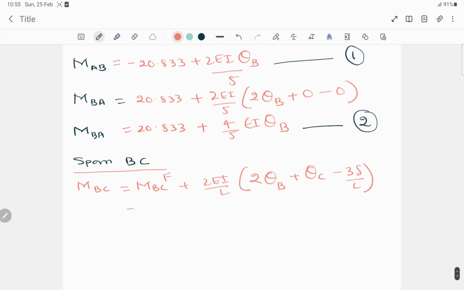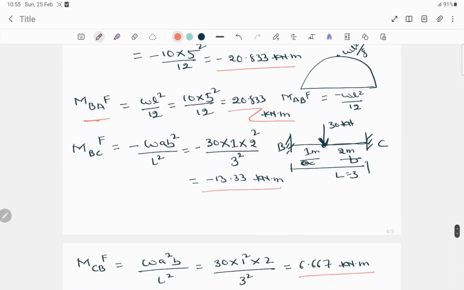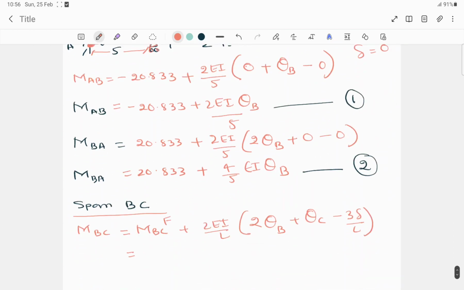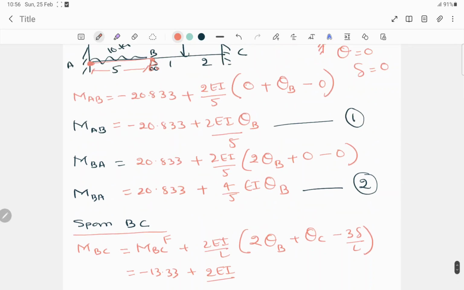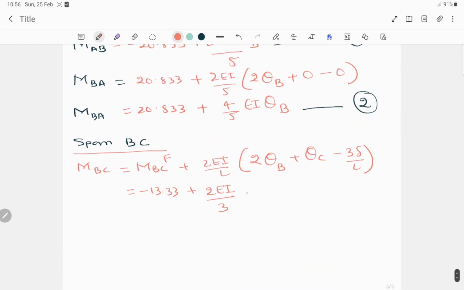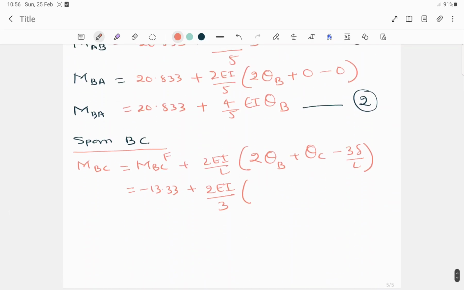So now we already have the value for the fixed end moment for BC. For BC, this is the value: minus 13.33 plus 2EI by L. The L distance was 3, right? This 3. Now for BC, C is fixed, so theta C will be 0 and for B something will be there.